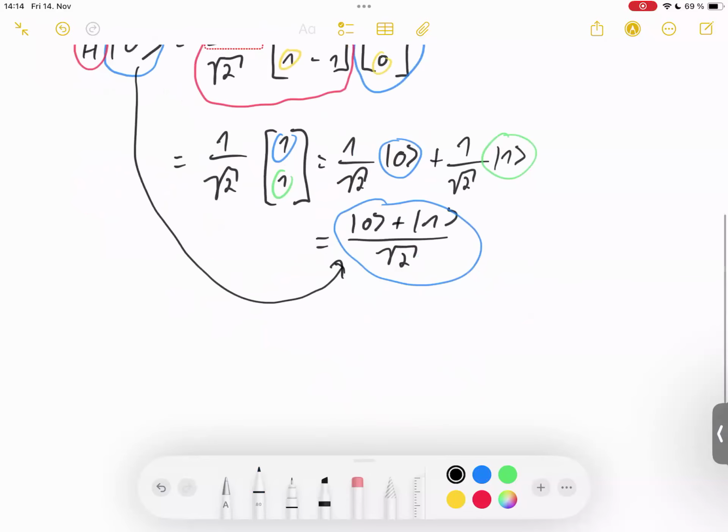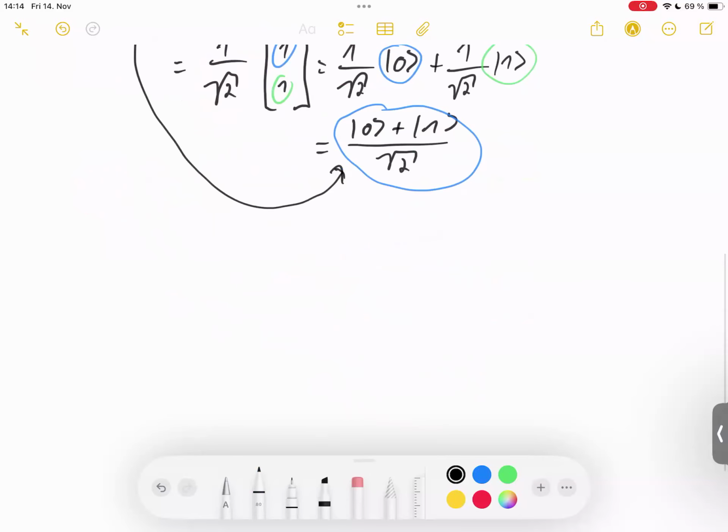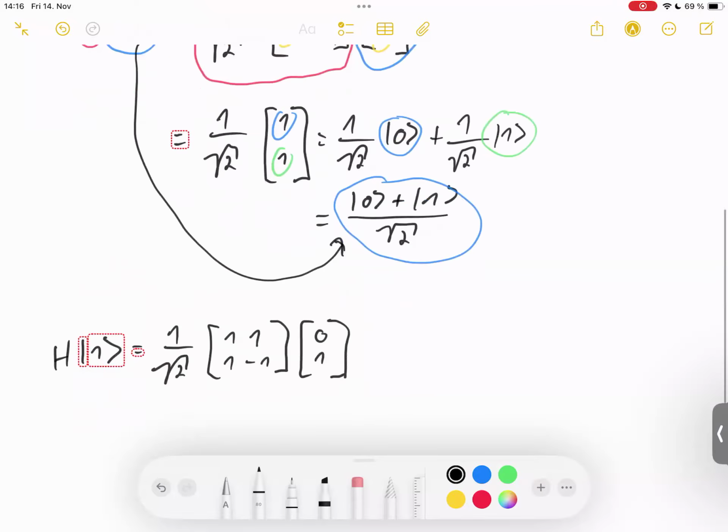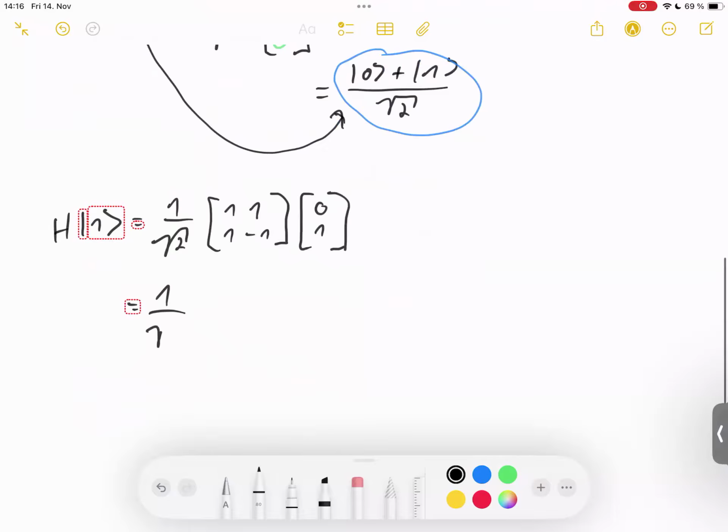We can do this with the 0 ket, and we can also do this with the 1 ket, as another example. So Hadamard, and we multiply the 1 ket as a state. So 1 divided by the square root of 2, and then we have 1, 1, 1, minus 1, and the 1 ket is this one here. What we get is 1 divided by the square root of 2 times 1 and minus 1. So we have this 1 here and multiply it here and here.